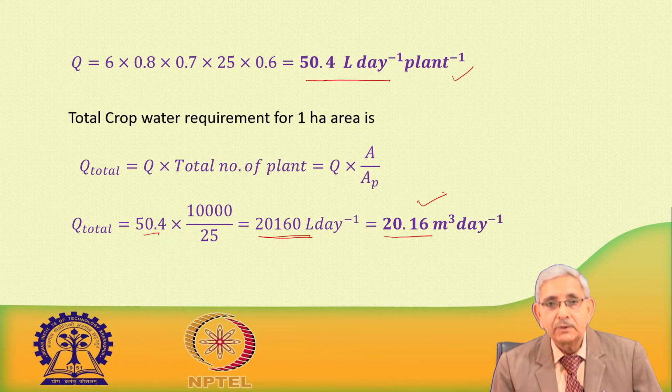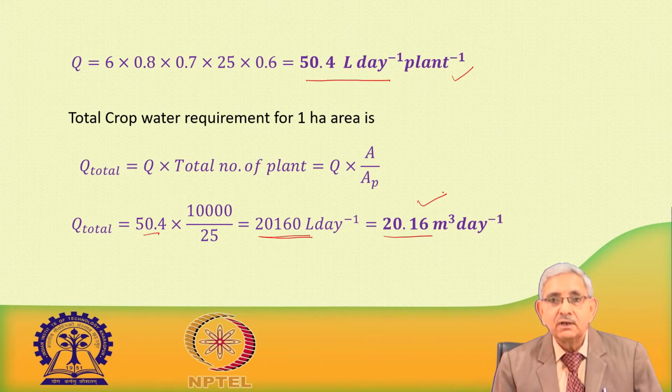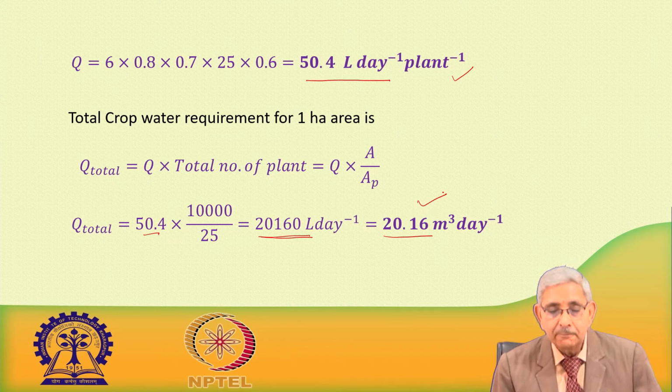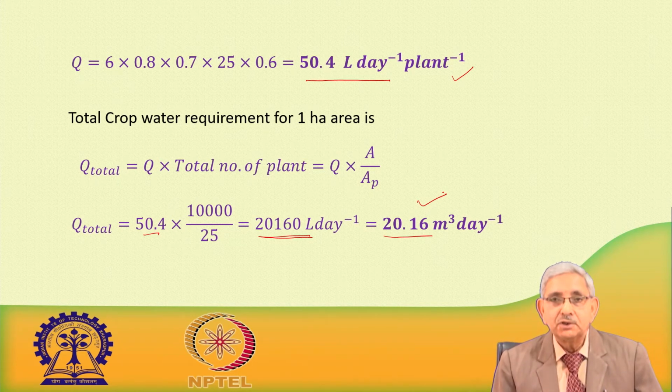If it is a flowing river, then one should see whether this water will be available daily during the summer month, or somebody wants to store water in a pond or a well, or one wants to design the system for using a pump. So, my pump should also work. How many hours the pump will operate in a day can also be worked out. So, that should be the discharge of the pump.